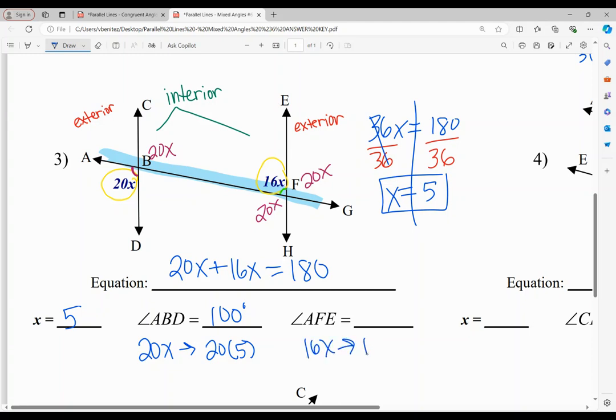Again, to evaluate, I'm just going to do 16 times 5. And knowing that supplementary angles equals 180, if this is 100, this should equal 80. So let's confirm that. 16 times 5 is 80.